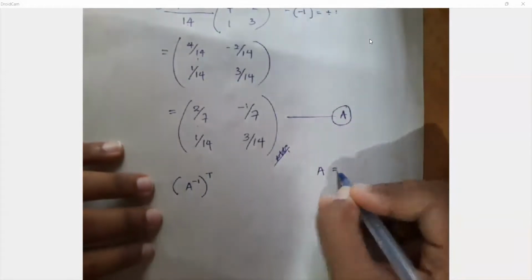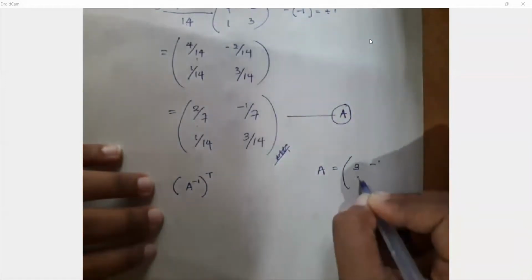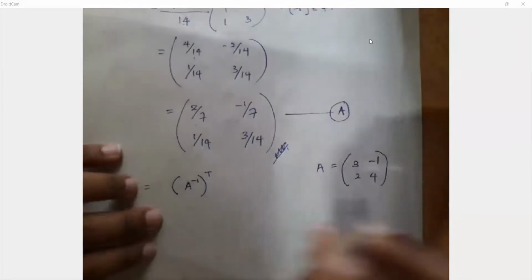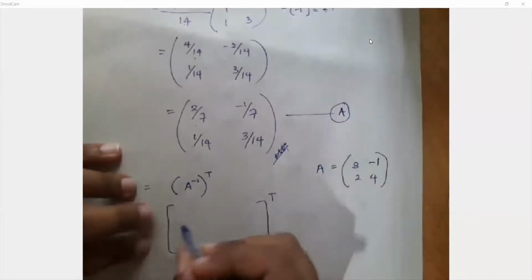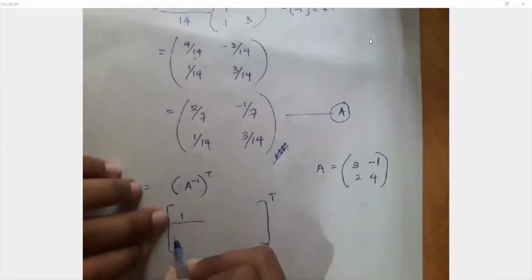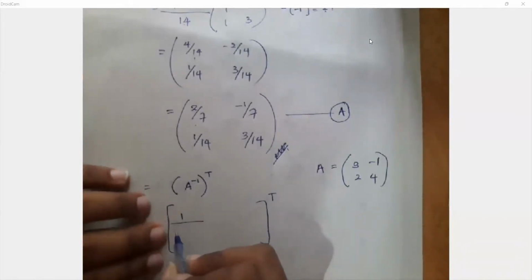What is our A inverse now? How to find the A inverse? Our A is now 3 minus 1, 2, 4. Shall we directly write that one here? Our A inverse, here transpose. Can someone tell me? AD minus BC. What is the answer here?